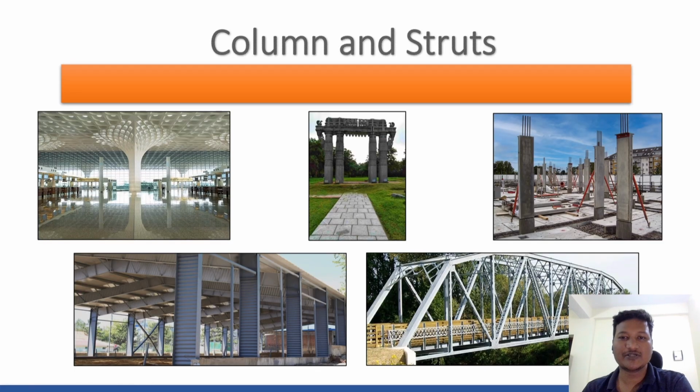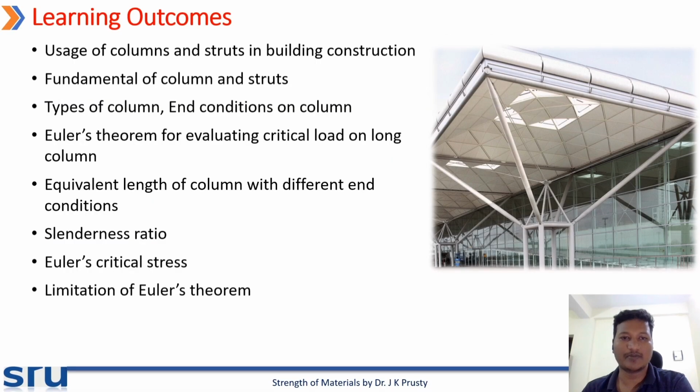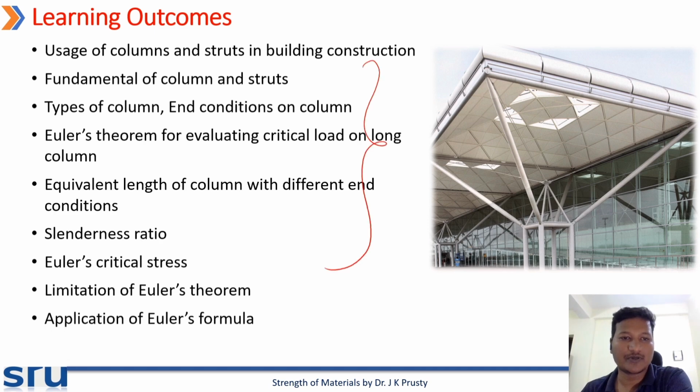So in the last class, we discussed the columns and the struts, and all these theory parts. Whatever the fundamentals of columns and struts, we discussed the types, their end conditions, and also Euler's theorem for evaluating critical loads for long columns.